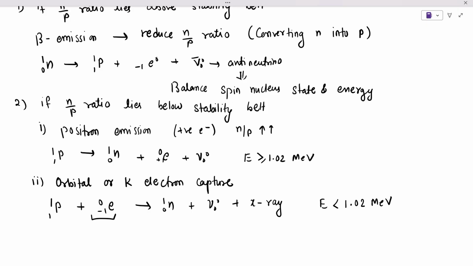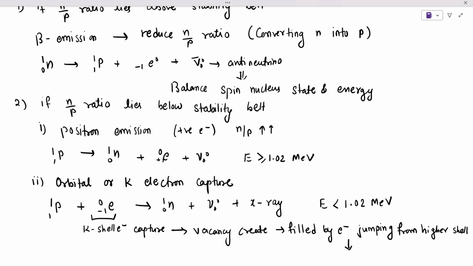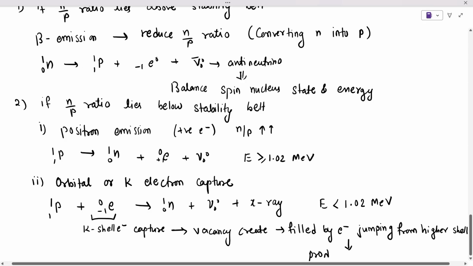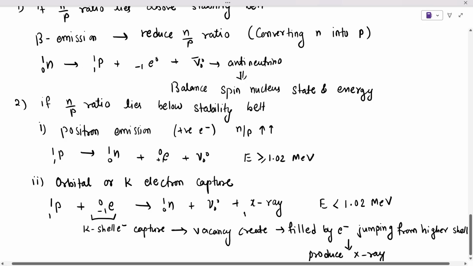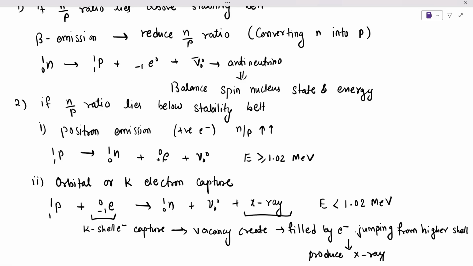Here the negative electron is a K shell electron. Because of this electron capture, one vacancy is filled by electrons jumping from higher shells. Because the electron jumps from a higher shell to a lower shell, X-ray is produced. That's why in the reaction we have written X-ray on the product side.